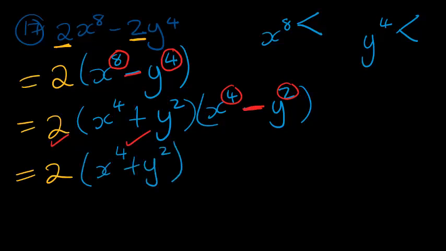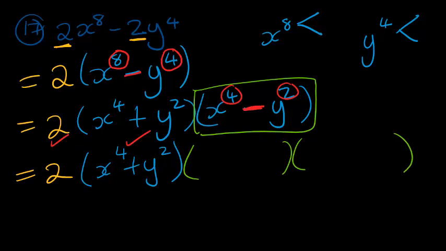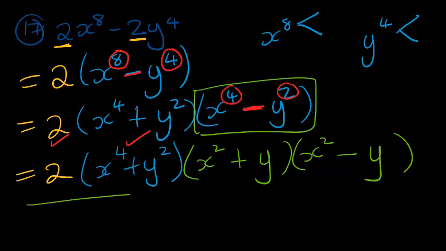That stays the same. Now I'm going to do this bracket as a difference of squares. So I've got two brackets and one is plus and one is minus. x⁴ becomes x² on both sides. y² becomes y on both sides. And finally, that is your final answer.